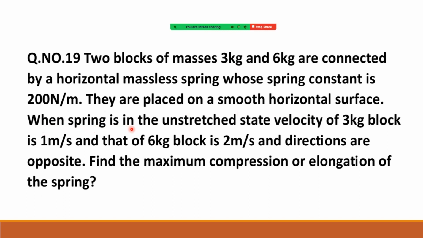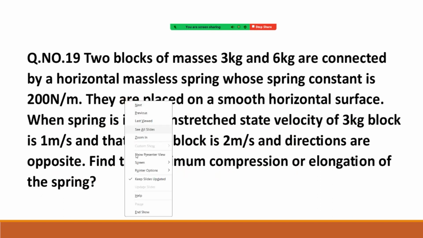When spring is in the unstretched state, velocity of 3 kg block is 1 meter per second and that of 6 kg block is 2 meter per second, and directions are opposite. Find the maximum compression or elongation of the spring. Let us see. We can solve this question in two ways: one from ground frame and second from center of mass frame.